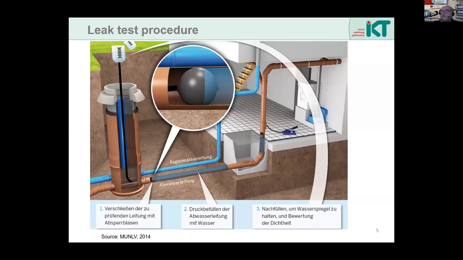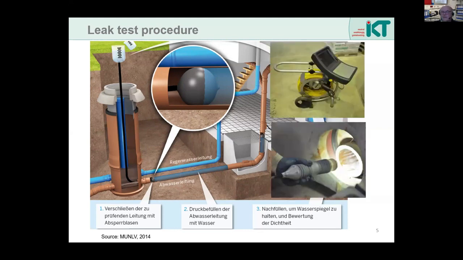These are the two test procedures you take with pressure tests. Nevertheless, you also can do it with an optical inspection with a camera. So you drive with the camera through the sewer, and then you can decide on the condition of the sewer whether it's tight or not. These are the possibilities you have.